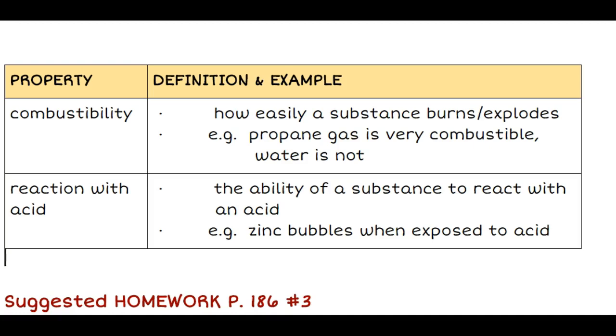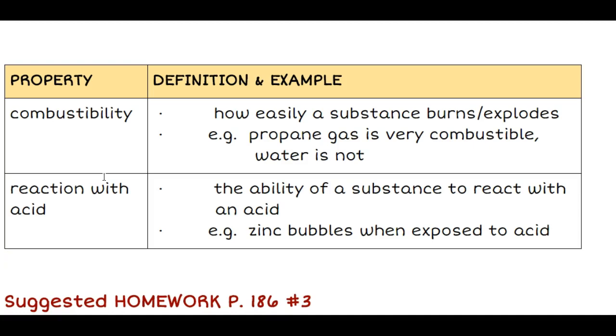So in class on Monday, I'm hoping to show you some of these. So the first property would be combustibility. So I think we know what combustibility means generally speaking, and we can describe whether a substance is highly combustible or is non-combustible, and both of those still describe the chemical property of combustibility.